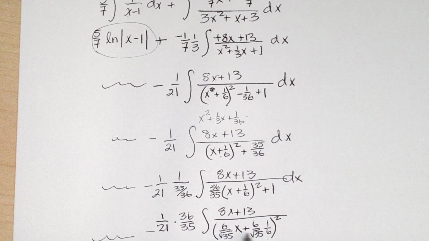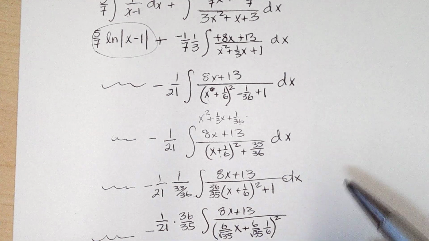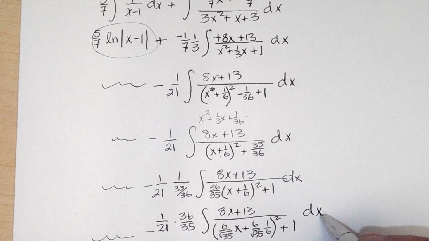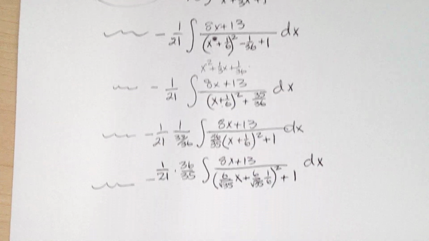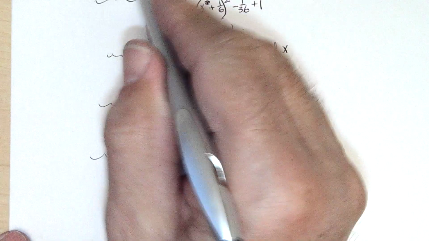So you can write this plus this times itself and square it out. You should get something that looks like this. Plus 1. So then, told you this was getting messy. And so we have all of this.